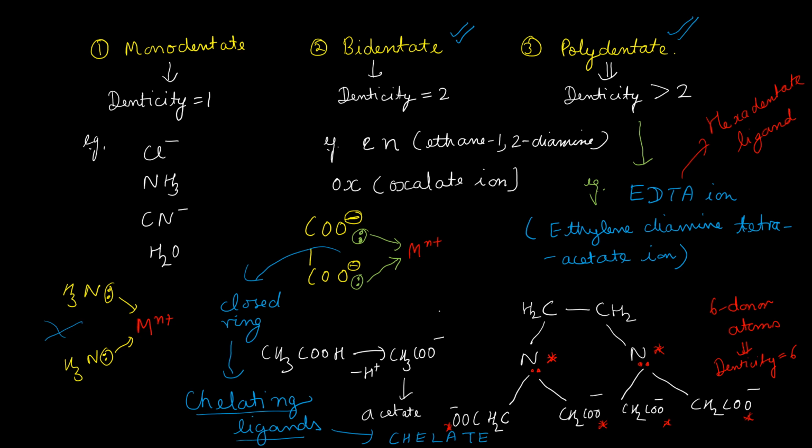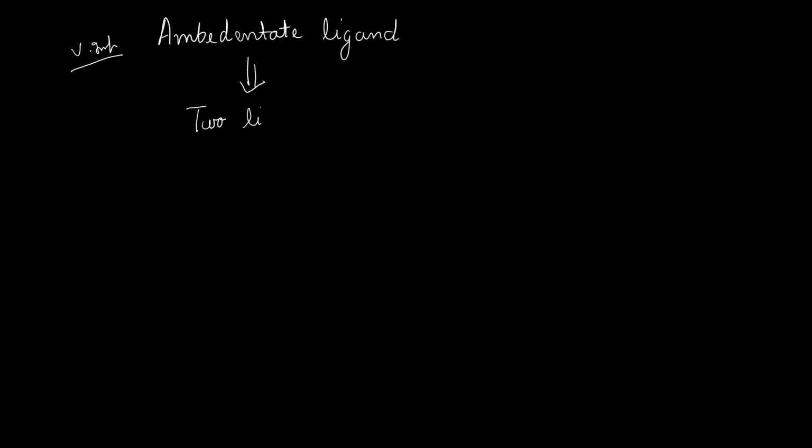Now one more. Yes, so the last one is ambidentate ligand. Ambidentate ligands are very important from an examination point of view. Ambidentate ligands are those which have two ligating sites.